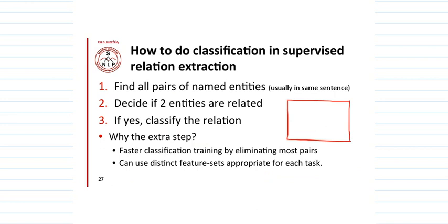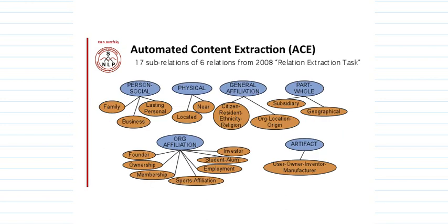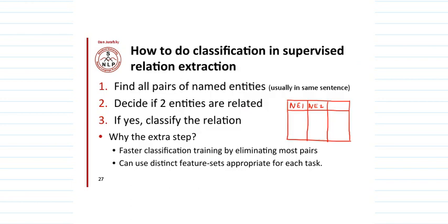So we prepare a table in which we have named entity 1, named entity 2, and then whatever kind of relationship can be seen present in these standard 17 relations. So this is the relation, and these named entities are treated as features, and these relations are treated as labels.